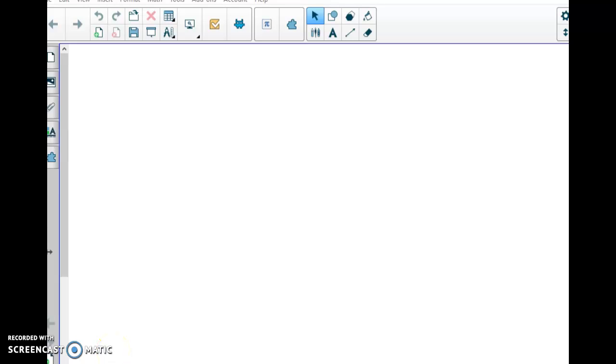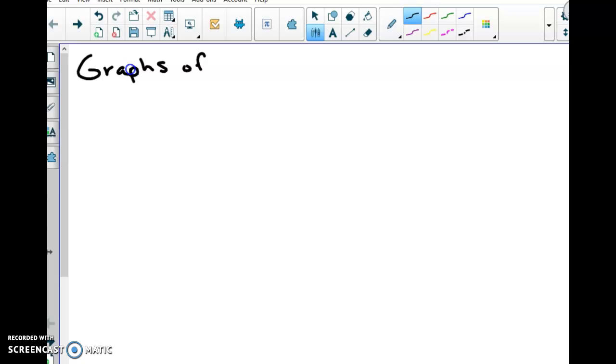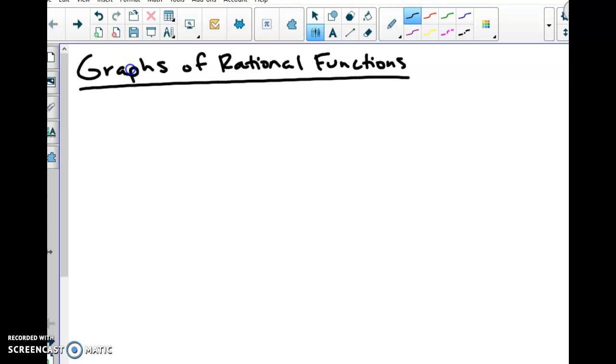We're going to be looking at the graphs of rational functions. When we're looking at the graphs of rational functions, what we're talking about is anything that isn't necessarily a linear, quadratic, or cubic in the polynomial form.